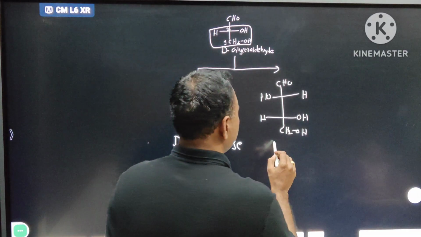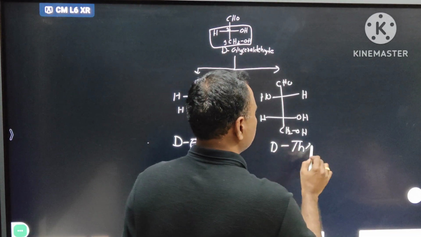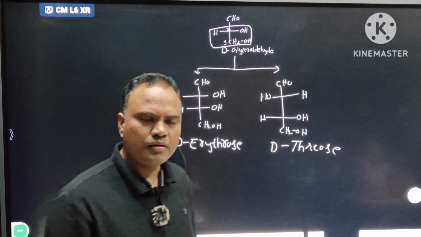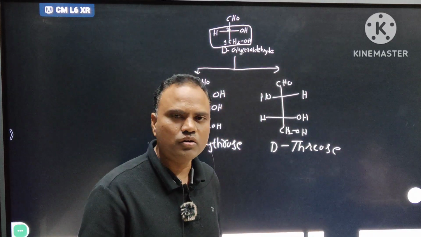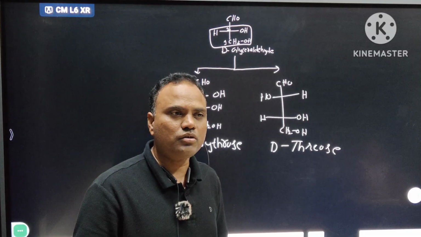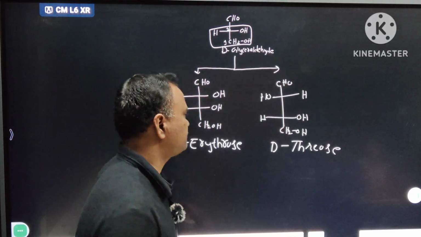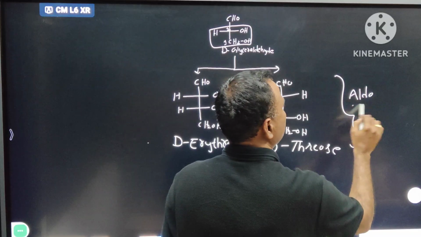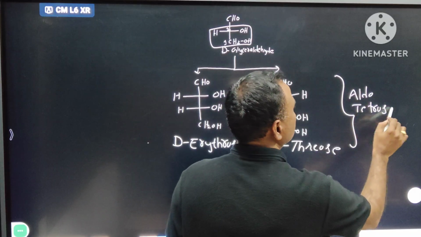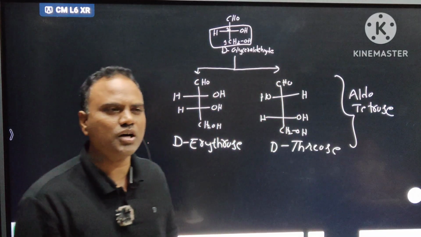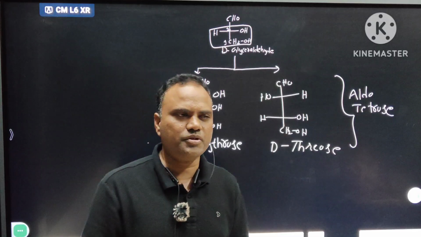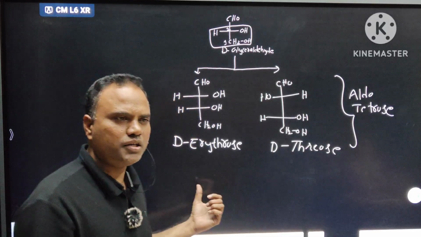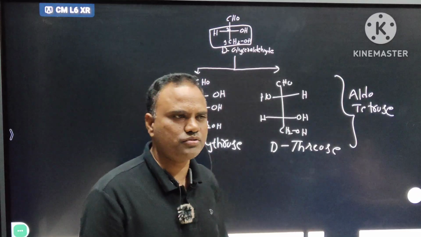This is D-threose. This is also D only. Aldotetroses. Why is this called tetrose? 4 carbons are present. Which of the following is an aldotetrose? Answer is erythrose, threose.